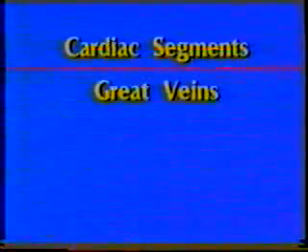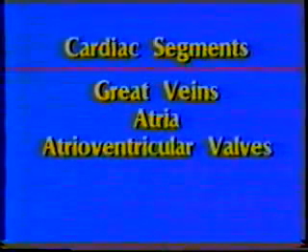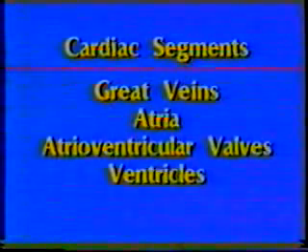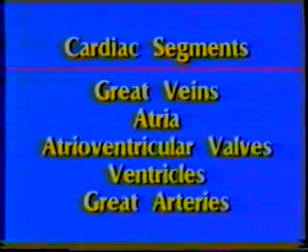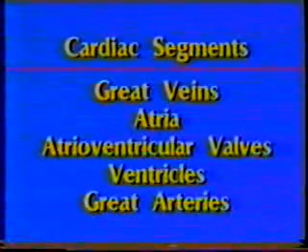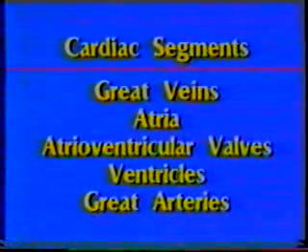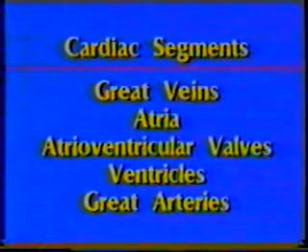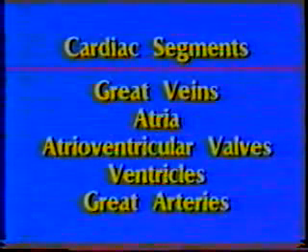We start with the great veins and follow the flow of blood through the atria, into the ventricles, and into the great arteries. The challenge is to accurately identify all of these building blocks in order to arrive at an accurate anatomic diagnosis. The great veins and the venous connections are best defined utilizing the subcostal and suprasternal positions.